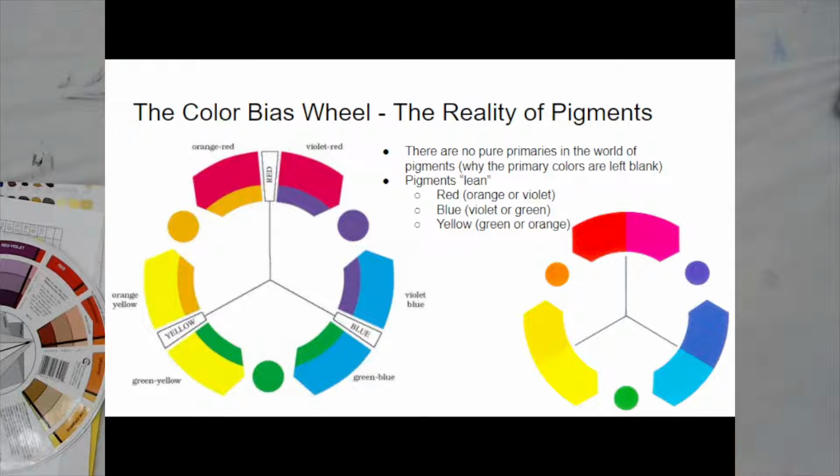If you pick the blue, it's going to lean either violet or green. If you pick a yellow, it's going to lean green or orange. That's important, useful information when you're trying to mix colors and get the exact color that you need.